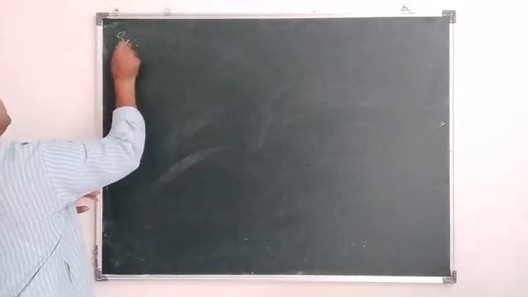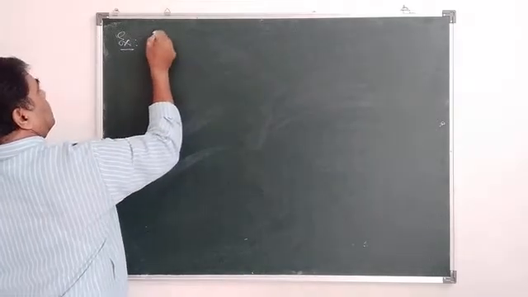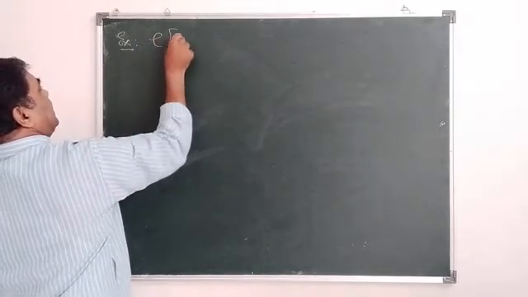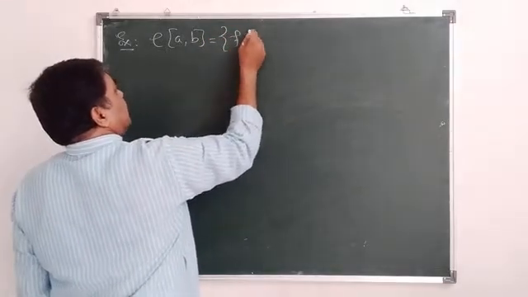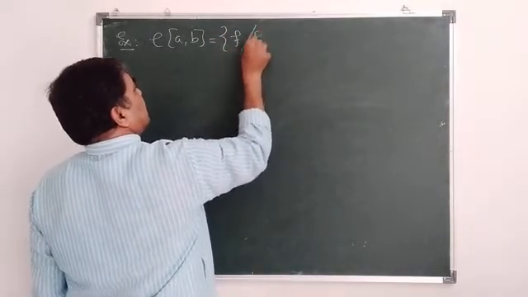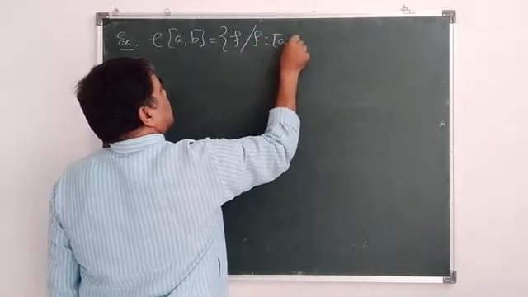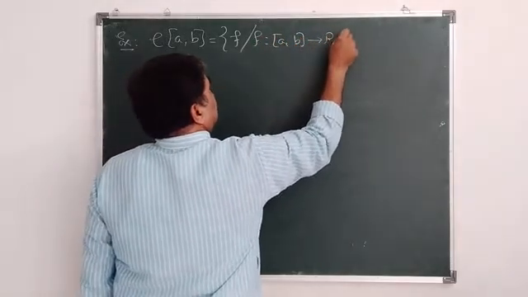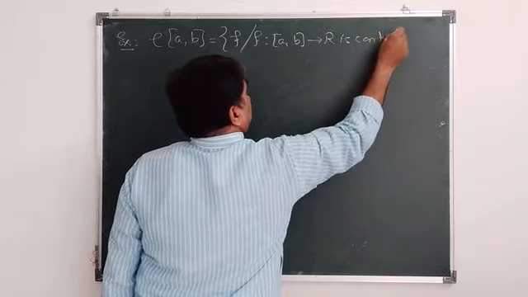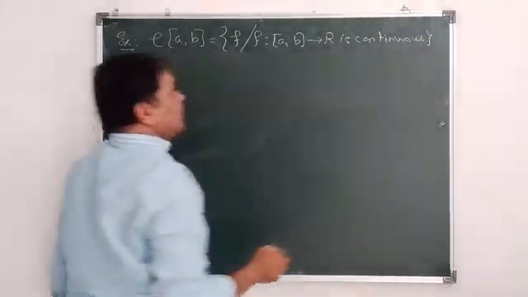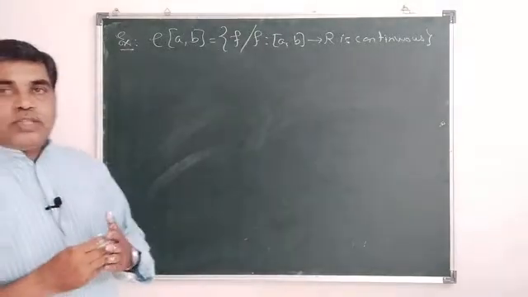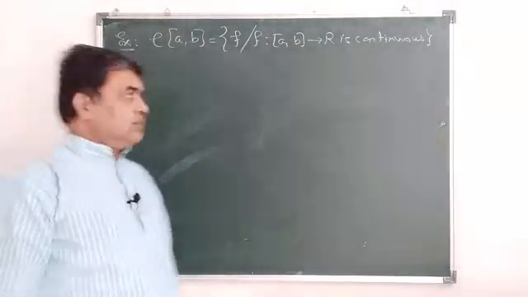Next example, CAB is equal to set of functions f such that f from AB to R is a continuous function. So it is the class of continuous functions defined on closed and bounded interval AB.